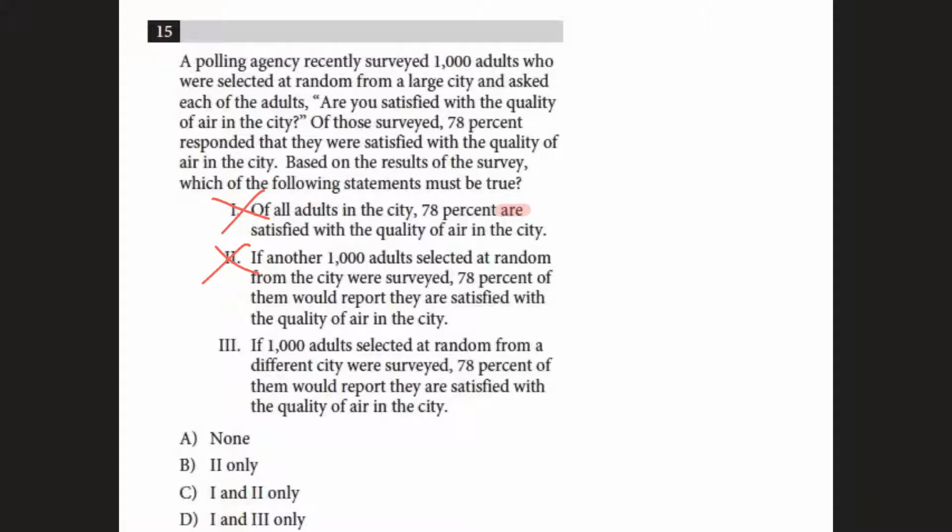And 3, if 1,000 adults selected at random from a different city are surveyed, 78% of them would report they are satisfied with the quality of the air. Well, a different city has no correlation. At least the other two would be maybe close. This one is not going to be close at all necessarily, so I'm going to say A for number 15.